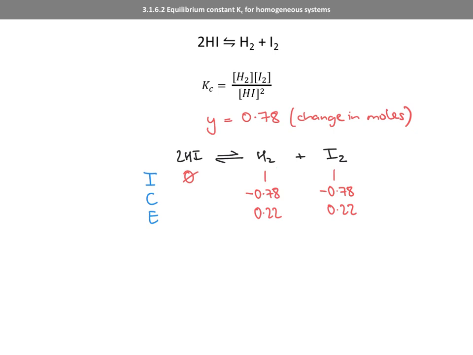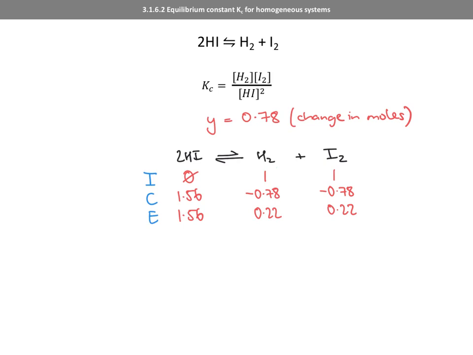But the other thing we have to consider is the molar ratio, and for every 1 mole of hydrogen we would form 2 moles of hydrogen iodide. So if we're using up 0.78 moles of hydrogen, then that means we are going to form 1.56 moles of hydrogen iodide, and that means our equilibrium moles is 1.56.